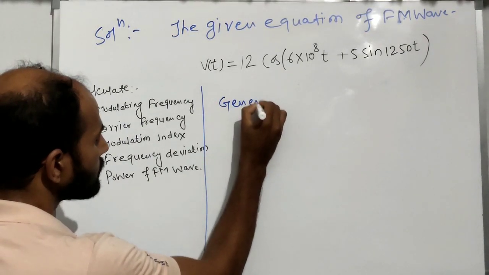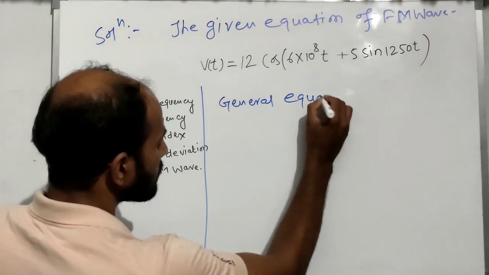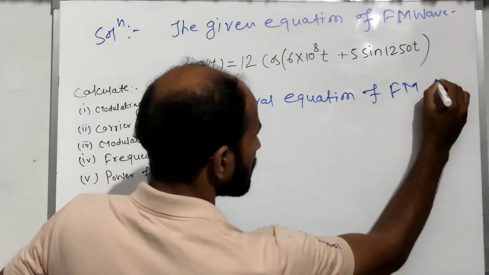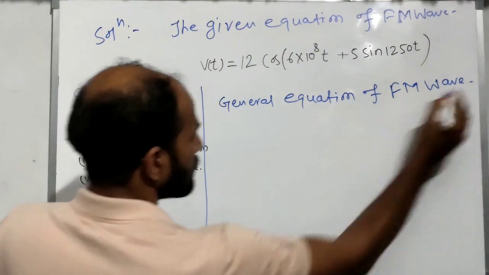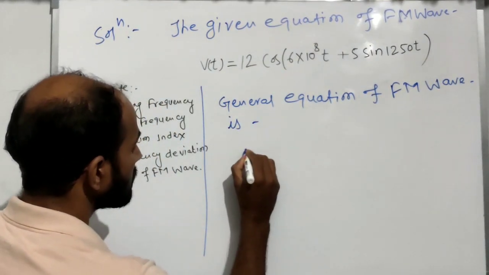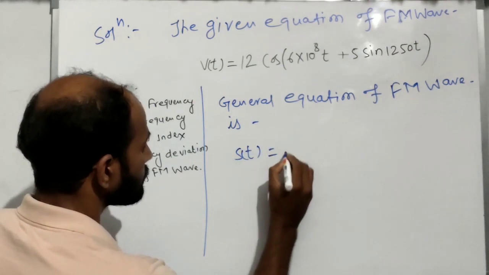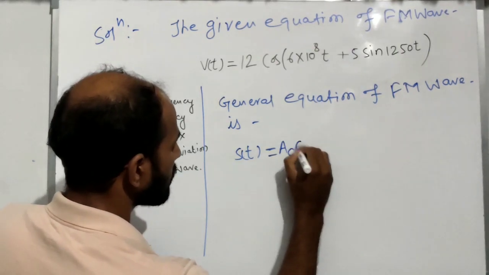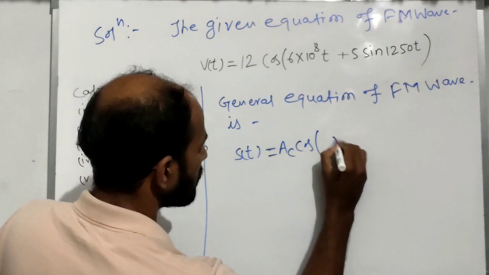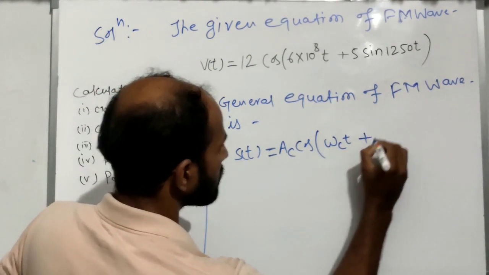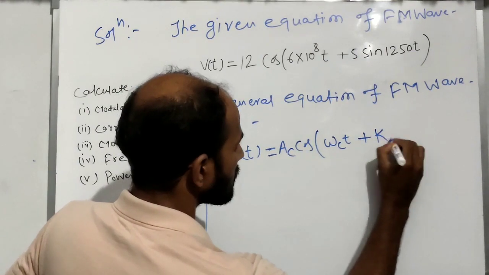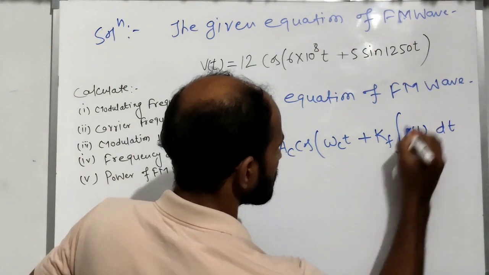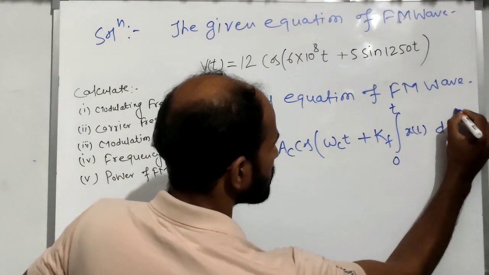The general equation of FM wave is s(t) is equal to Ac cos(omega c t plus kf integral of x(t) dt from 0 to t).